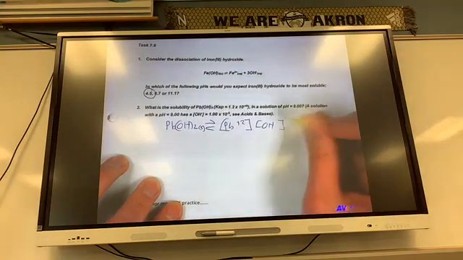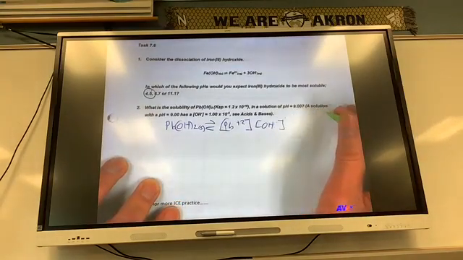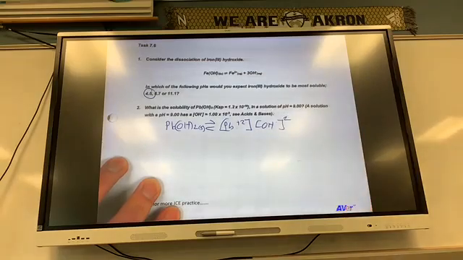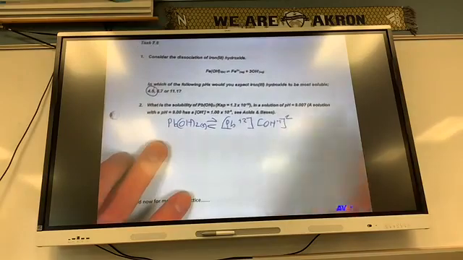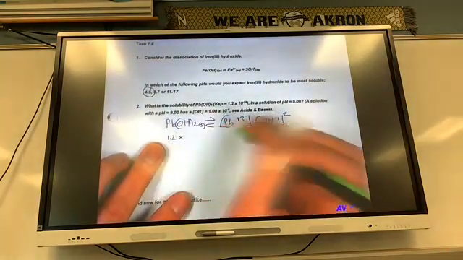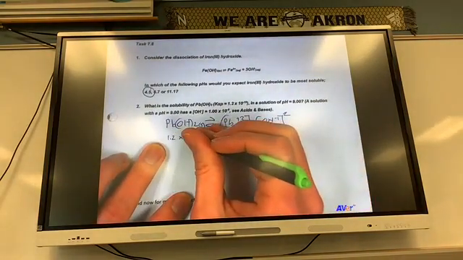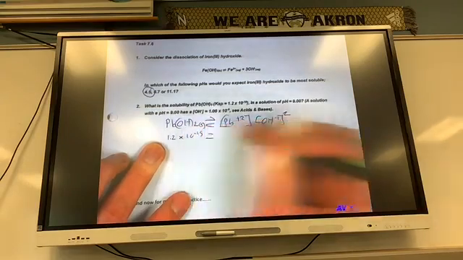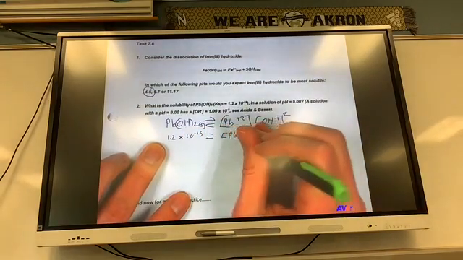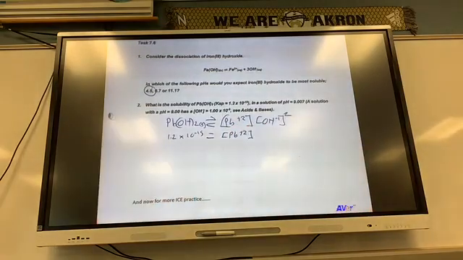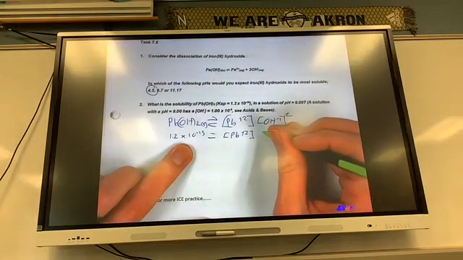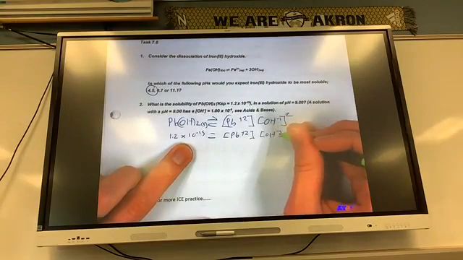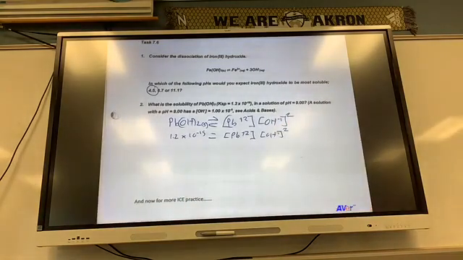Plus OH, and this is going to be what? My OH has to be squared. Yes? So, they gave me 1.2 times 10 to the negative 15th is equal to the concentration of Pb2+. Sorry, I went straight to the K expression. 1.2 times 10 to the negative 15th equals Pb2+ times OH- to the second.